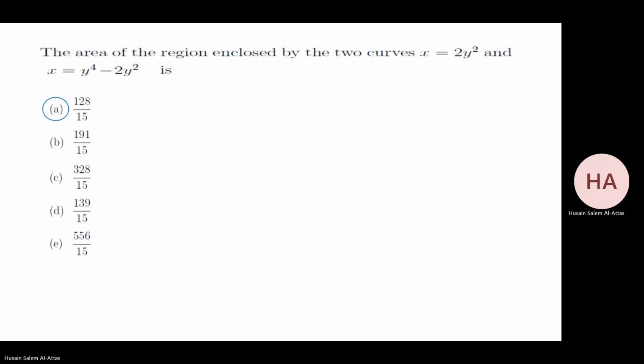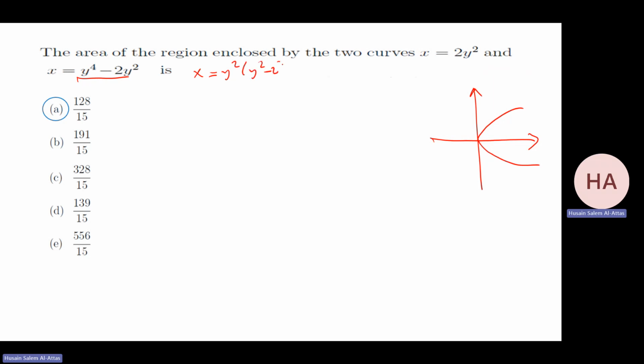Okay. The area of the region enclosed between these two curves, x equal to y squared. This is x equal to y squared. It's a parabola open to the right. This is the one. What about this one? I can write it as y squared minus 2.